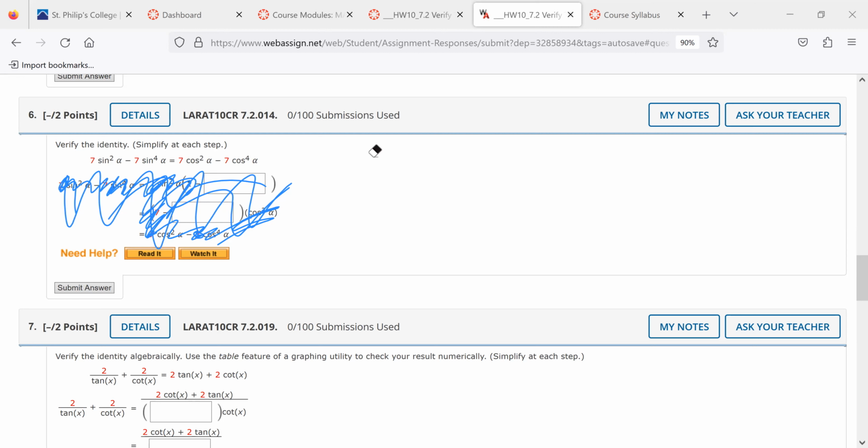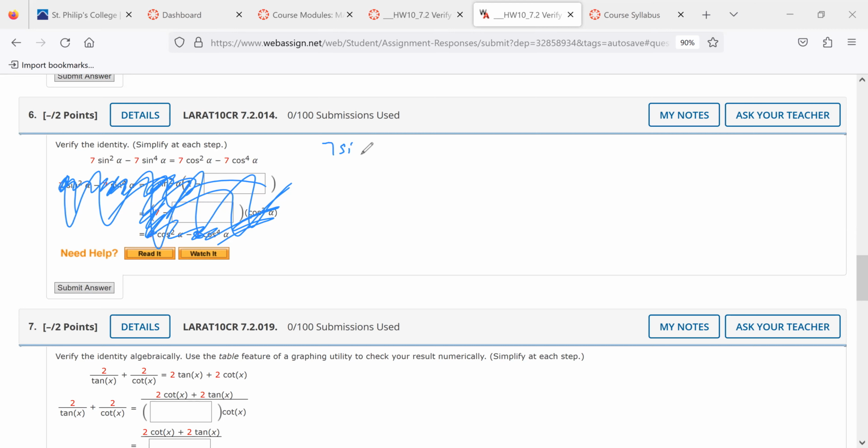All right. It looks like we're trying to go from sine to cosine or cosine to sine. So I think both sides have similar difficulty. I don't think we can go wrong here. So I'm just gonna choose the left just cause.